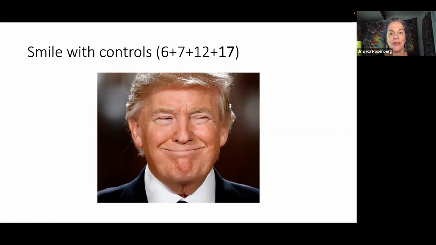So if you can see me on screen, I'm doing a 12 and I add a 17, see how the lip line just kind of flattens out? And we know from research, in the laboratory and outside of it, on self-conscious emotion and emotional management, that people often use action units like 17 and 15 to diminish a smile. Donald Trump, most of the time, smiles this way.